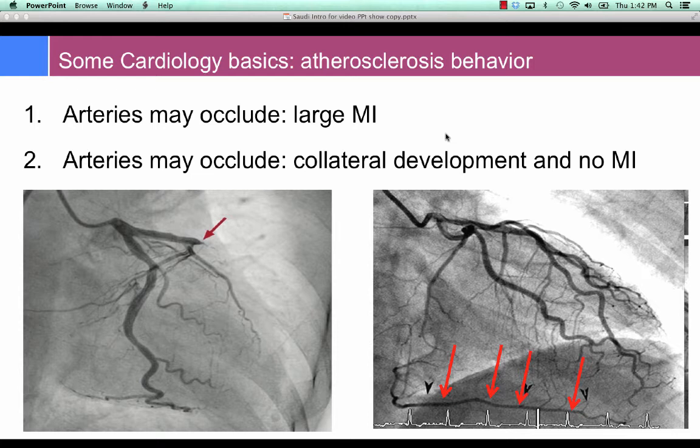It's probably quite common that vessels occlude and then are recanalized by spontaneous lysis from the patient's own lytic enzymes present in the blood. These vessels may recanalize on their own. They may recanalize incompletely, or the patients may have developed collateral resources.